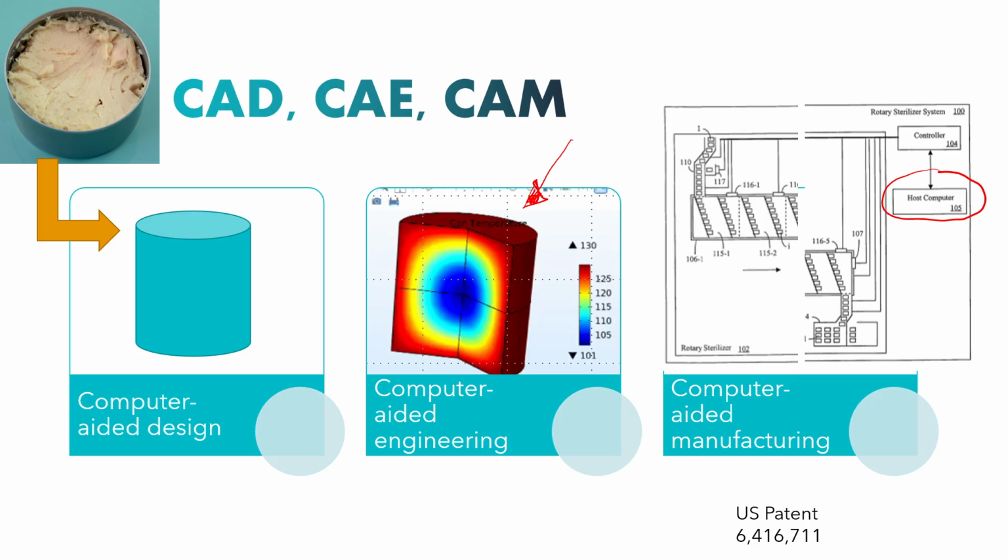So three things: computer aided design, computer aided engineering, and computer aided manufacturing. We're making these subtle differences here. Sometimes they're used interchangeably. But for our purpose, we would try to keep these differences straight, and then we would be talking mostly about the computer aided engineering.